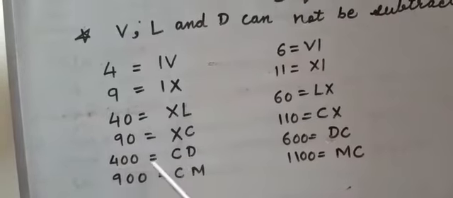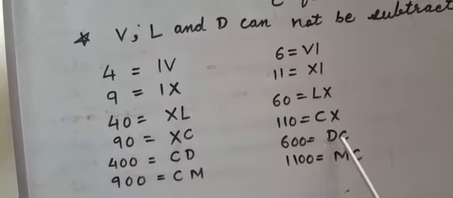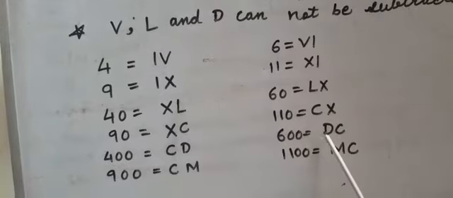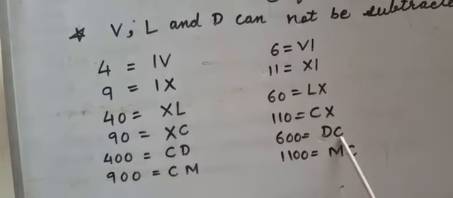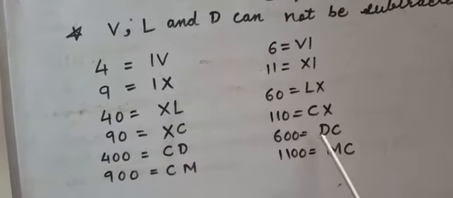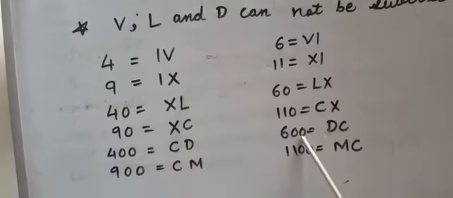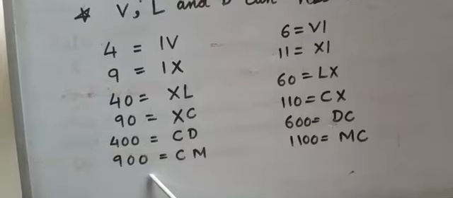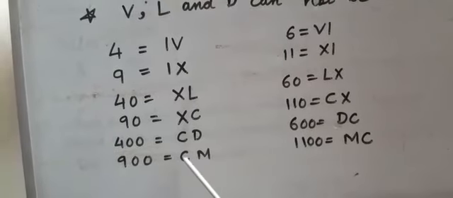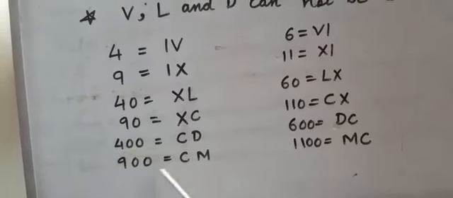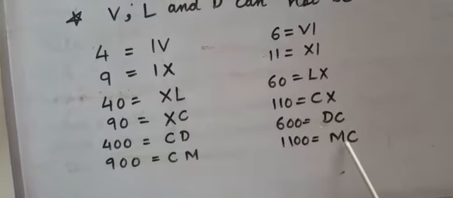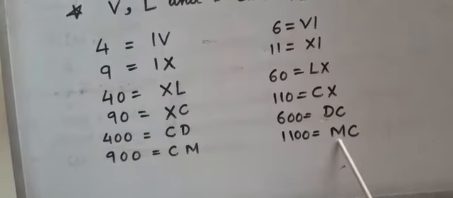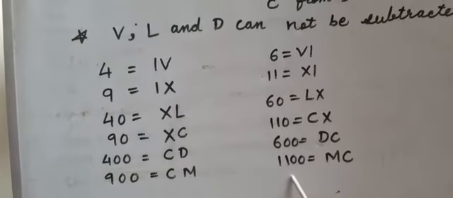Here CD represents 400 and DC will represent 600 because the value of D is 500. 500 plus C value is 100. So 500 plus 100, it will give you 600. In the same manner CM represents 900 because from 1000 we have subtracted 100, so it will be giving 900. Here I have written MC, so the value will be added. 1000 plus 100 will give us 1100.